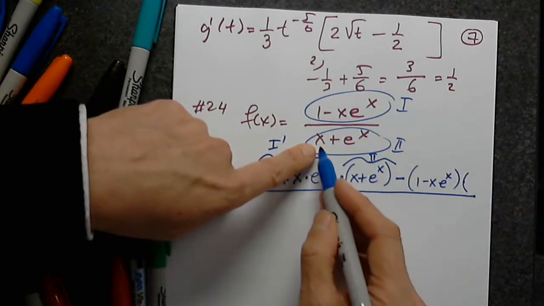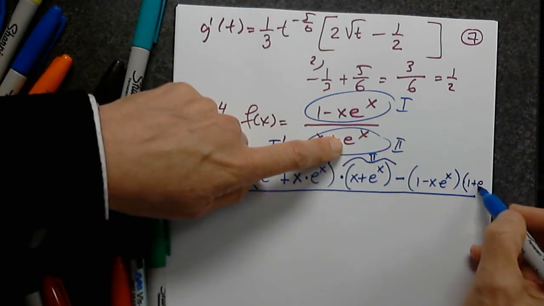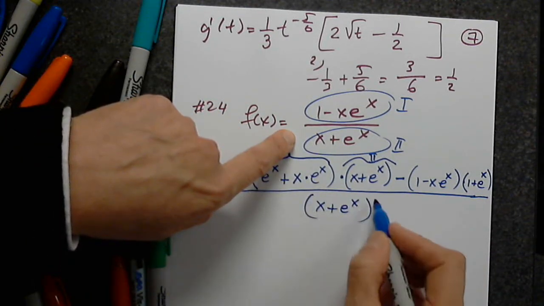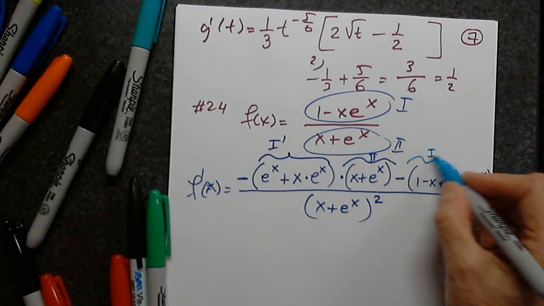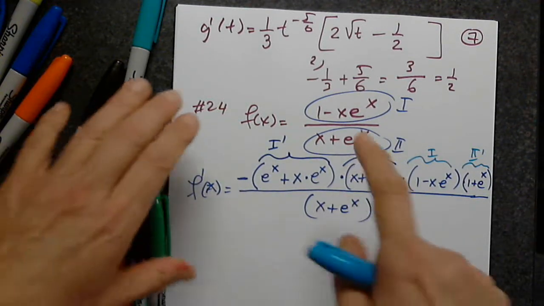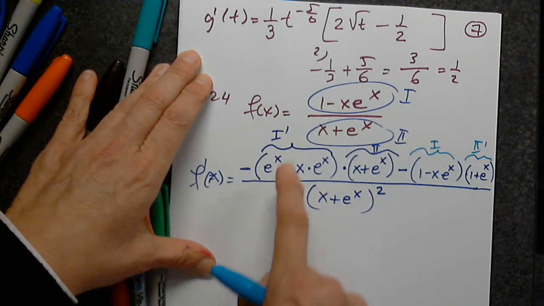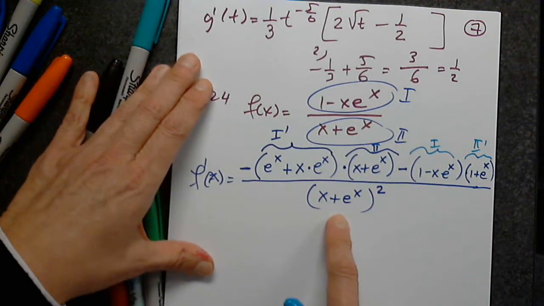So multiplied by x prime is 1 plus e to the x prime is, that's it, over the denominator squared. Okay, let's do this one more time before we simplify. So now this is 1 and this is 2 prime. So one more time. 1 over 2 prime is 1 prime times 2 minus 1 times 2 prime over 2 squared.